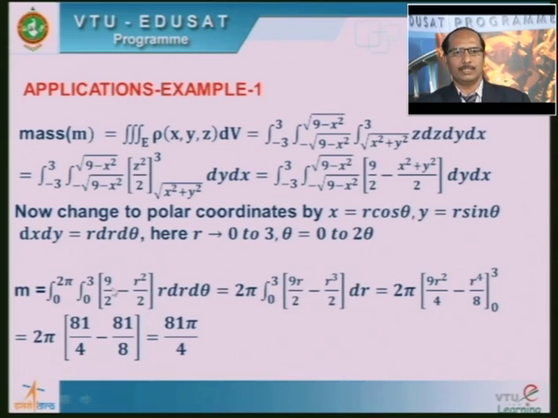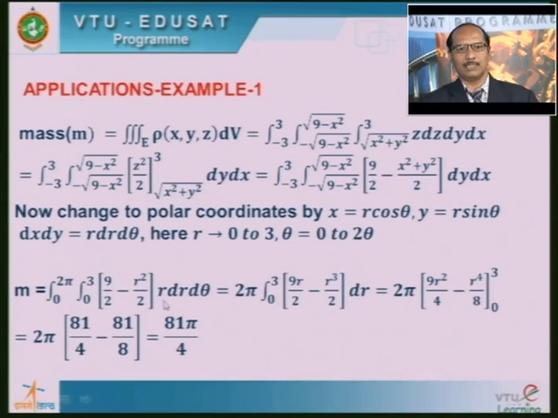Now r from 0 to 3, integration of 9 by 2 minus r square by 2, multiplied by r. 9 by 2 is a constant, it is just multiplied by r here before the integration, so it is 9 by 2 into r.